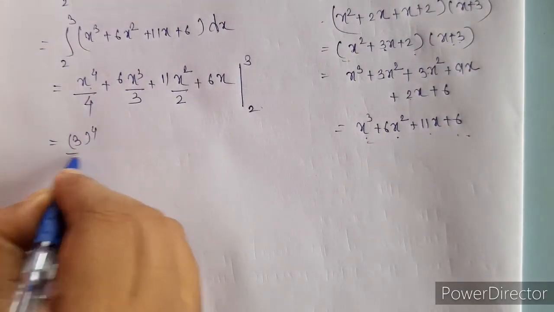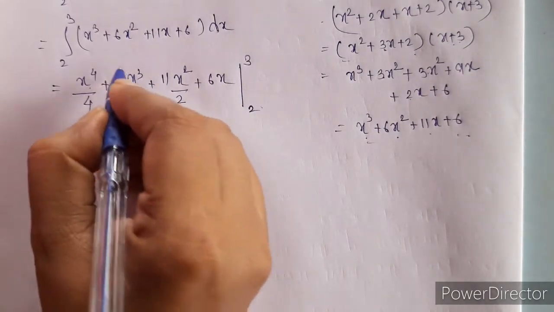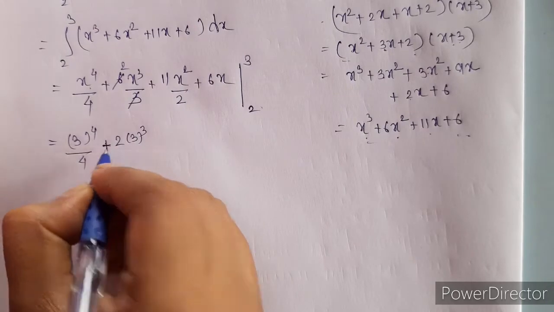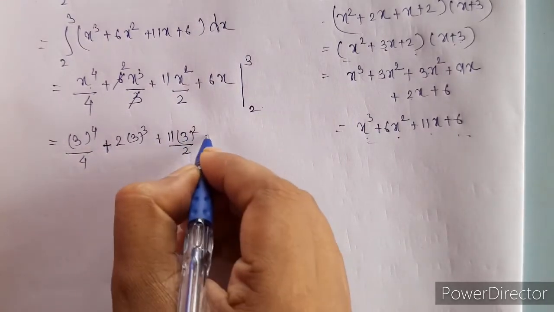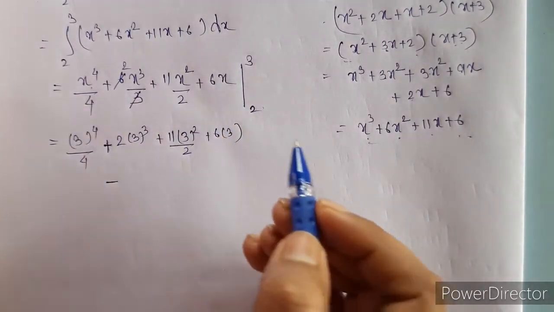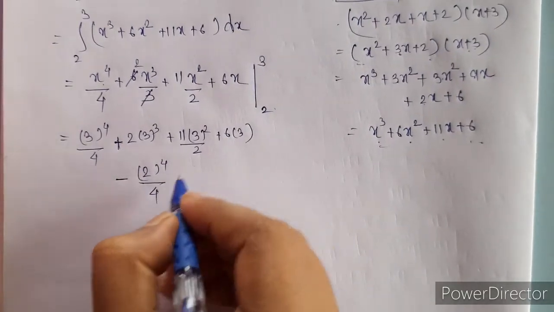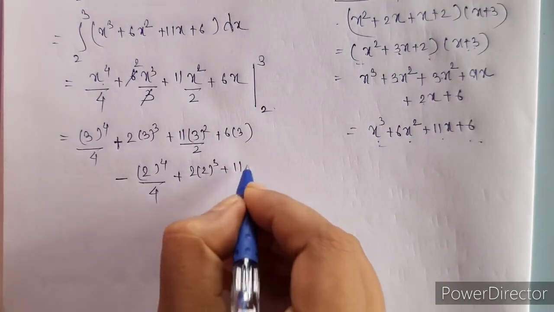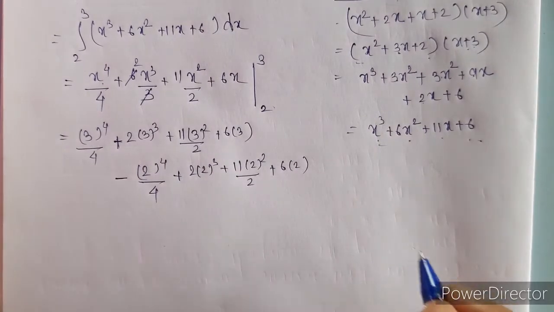So 3 raised to power 4 by 4 plus, we can cancel this, 2 times 3 cube plus 11 times 3 square by 2 plus 6 into 3, minus, now let's substitute 2. 2 raised to power 4 by 4 plus 2 times 2 cube plus 11 times 2 square by 2 plus 6 times 2.